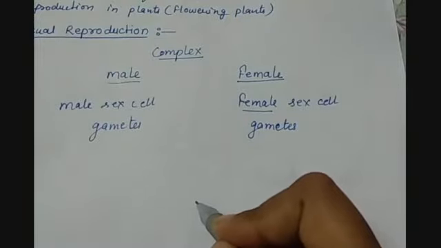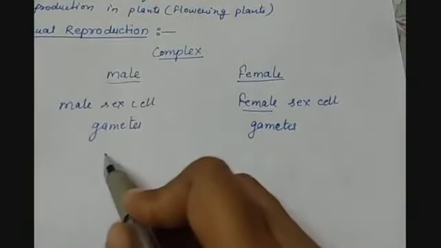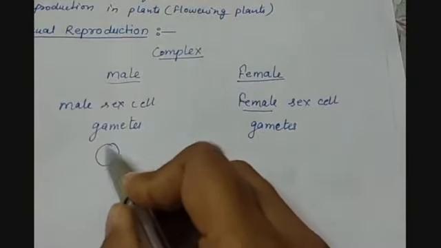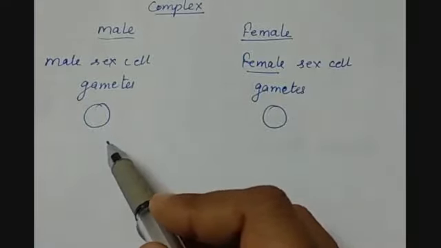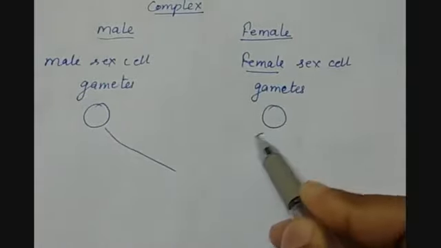Now we know that the male parent has its male sex cell or gamete, and the female has its female sex cell or gamete. The male partner has one cell, the female has one cell, and these two cells fuse together.